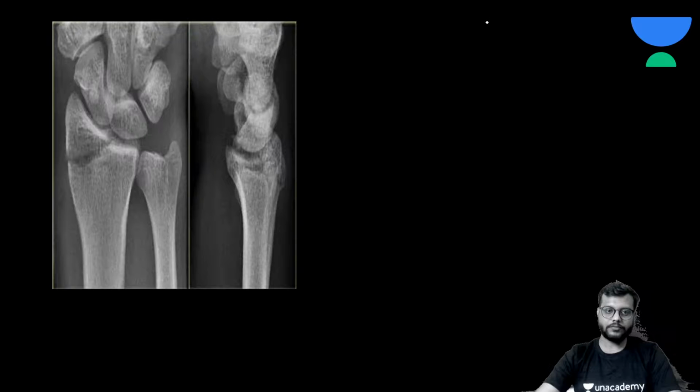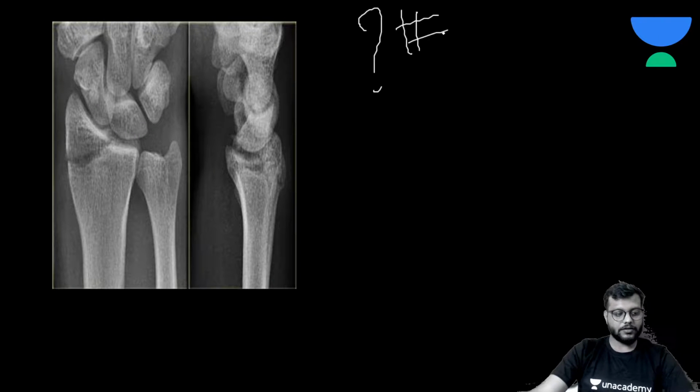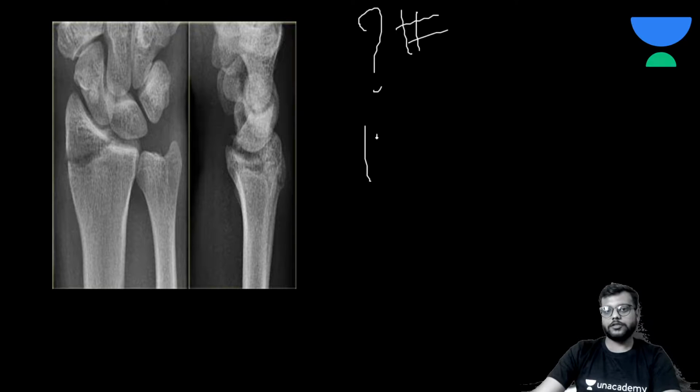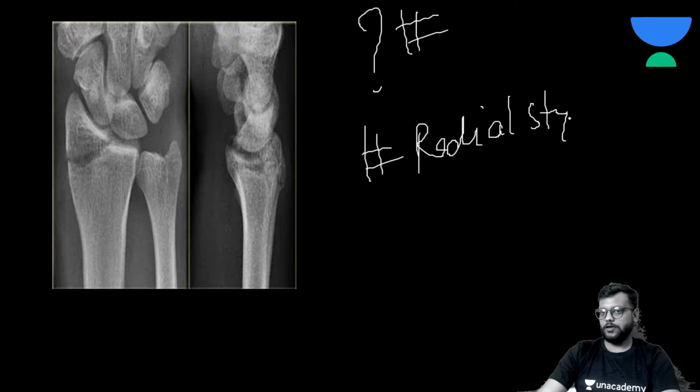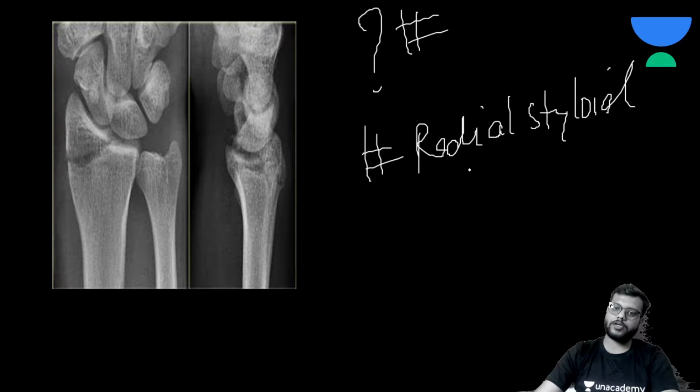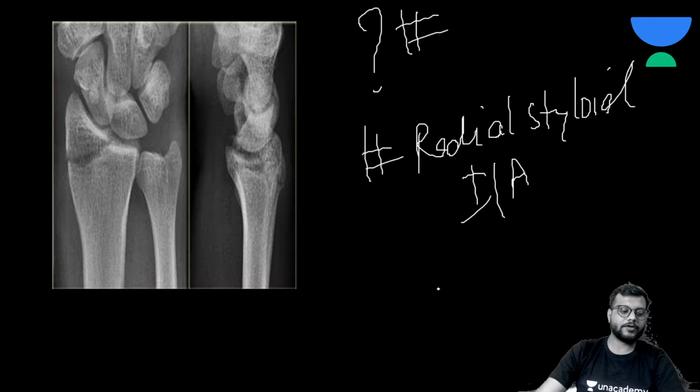Okay, now which fracture is this? This is fracture of radial styloid, and obviously as you can see this is intra-articular, but there is a special name given to this fracture. Okay, and what is this?